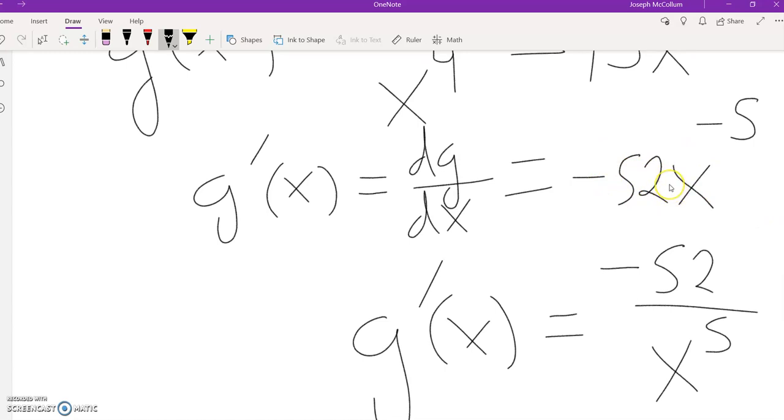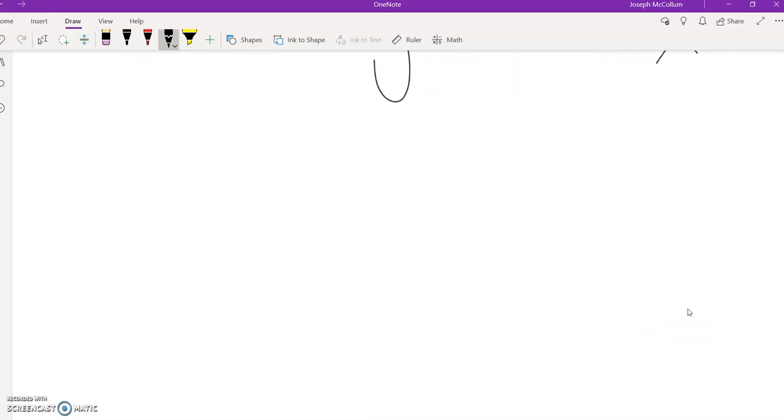That's really a times between them, and that allows me to drop the exponent to the denominator because there's actually a times in there. So that negative 52 stays in the numerator because that doesn't have a negative exponent. It's only the x that has the negative exponent, and that's why that is the only term that drops to the denominator, in case you're wondering. Once again, I'm really utilizing the derivative rules and the exponent rules together for this.